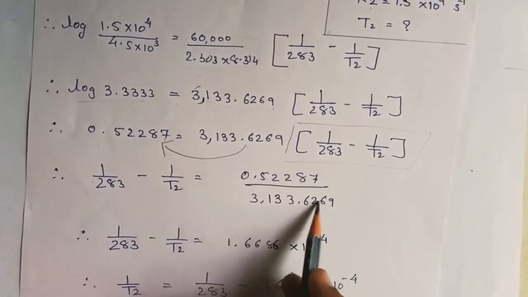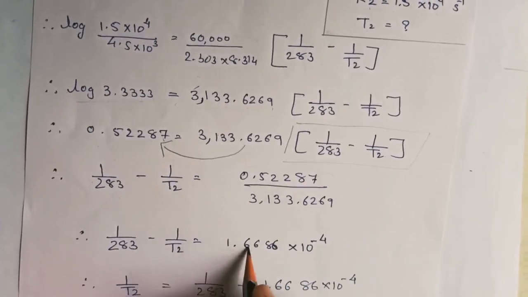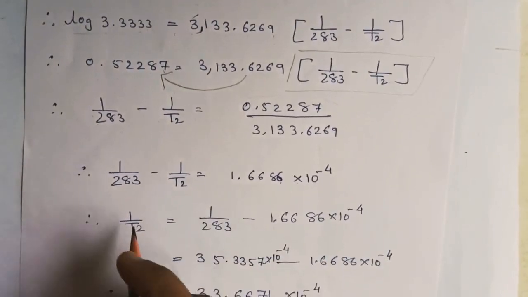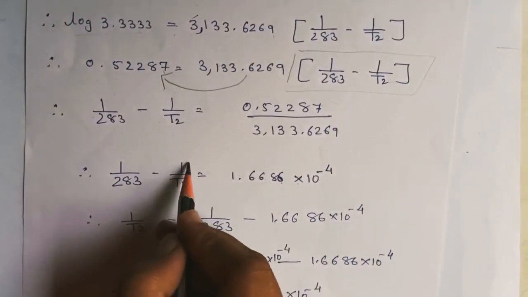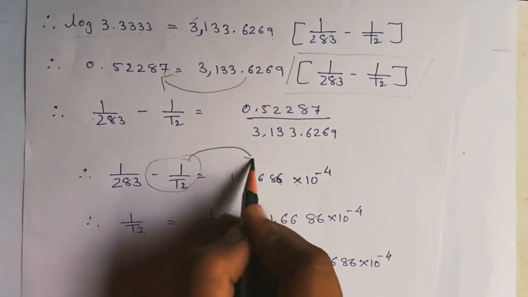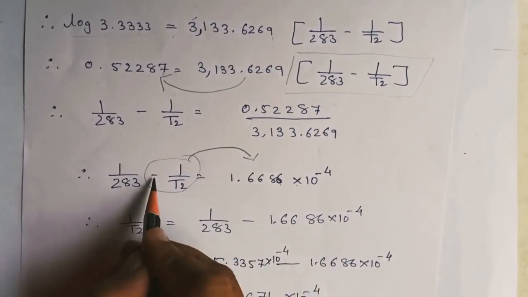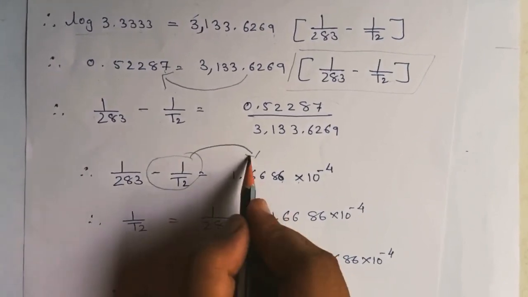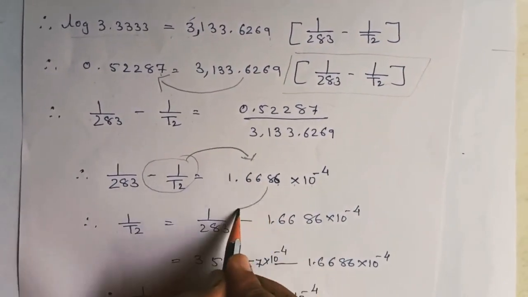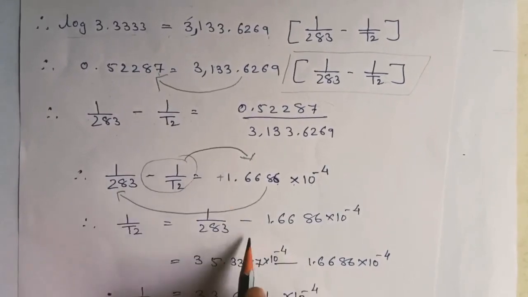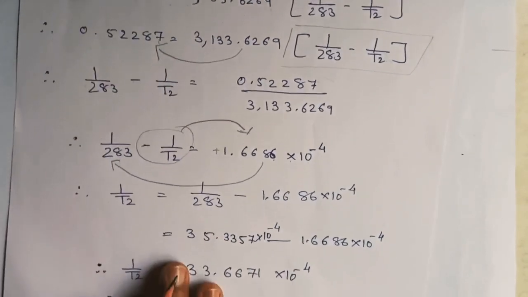And if you divide that term you will get 1.6686 into 10 to the power minus 4, right? Now here we want T2, so we subtract that term and take it to the other side of the equal sign, so that minus term will be converted into plus. For that also we have to shift that term to the other side, so that plus term is converted into a minus, right?